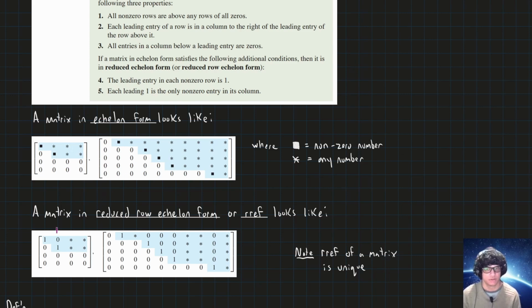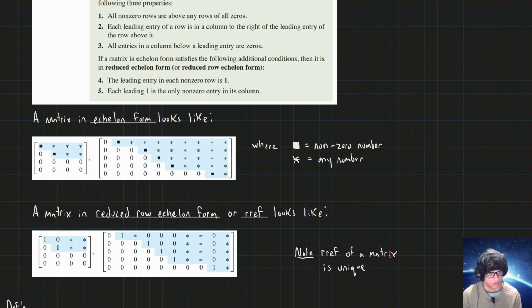In reduced row echelon form, or RREF for short, we make sure that these leading terms are 1. In addition, above each of the leading terms, we make sure all the entries are 0. So this is echelon form, this is reduced row echelon form.